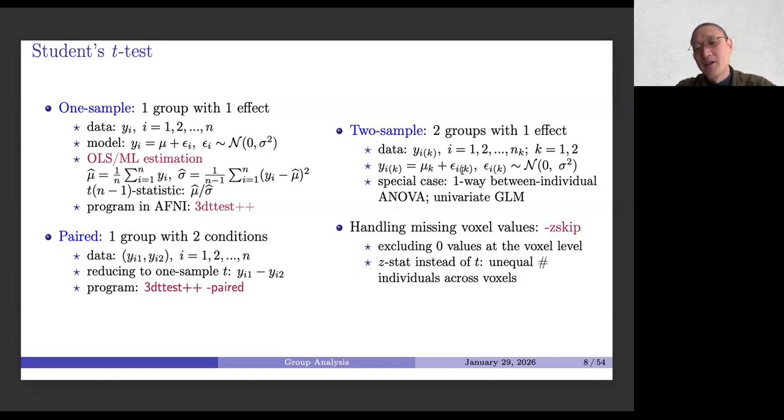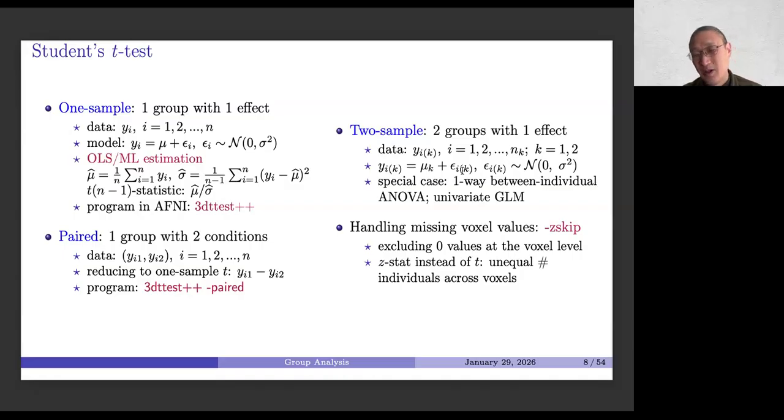The program has an option called -z skip. That's usually used if you want to exclude the zero values, especially along the mask, because some participants may have missing values. Those voxels are a little bit tricky, because some participants have values and some don't.